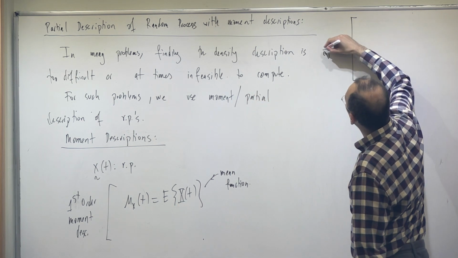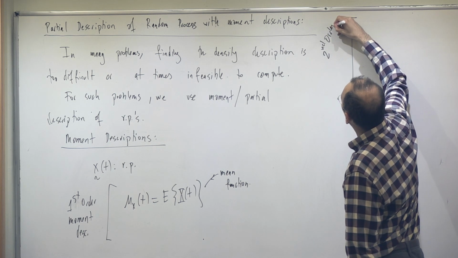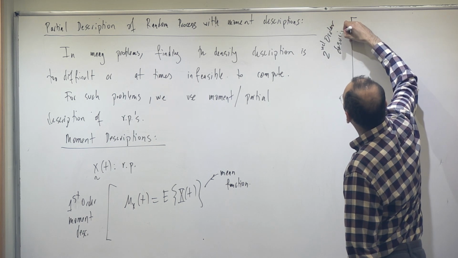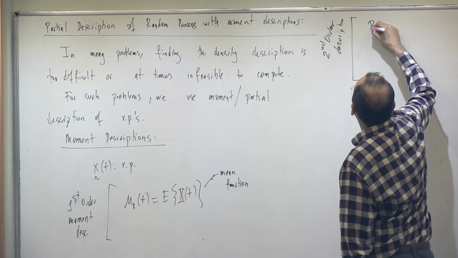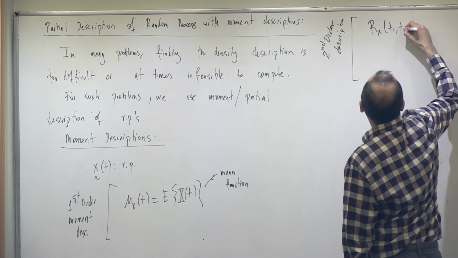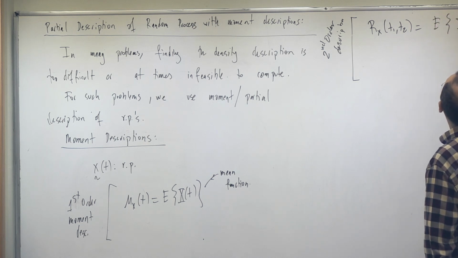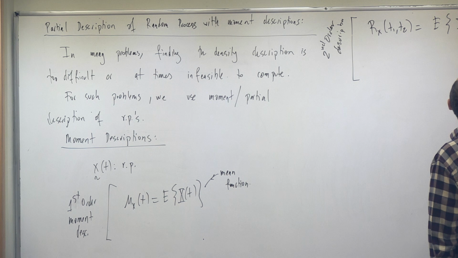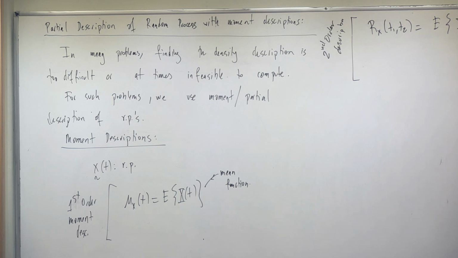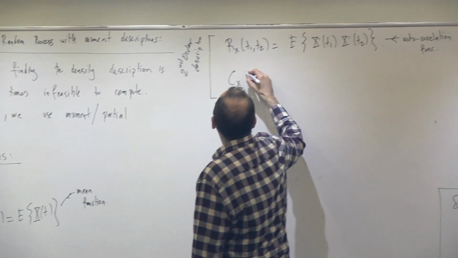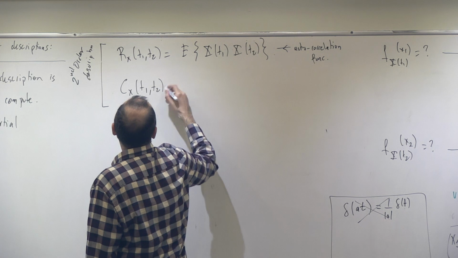But before that, the second order descriptions. So this is the expected value of this. This is called autocorrelation function. And we have Cx k1, k2.